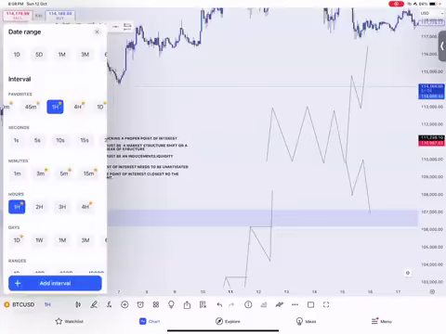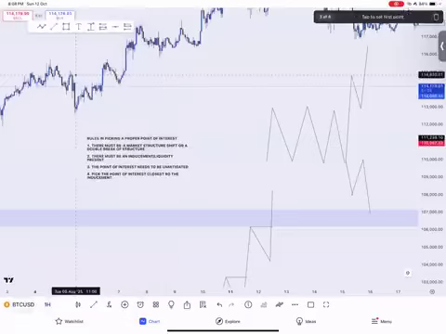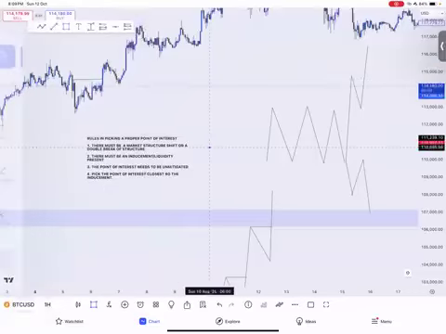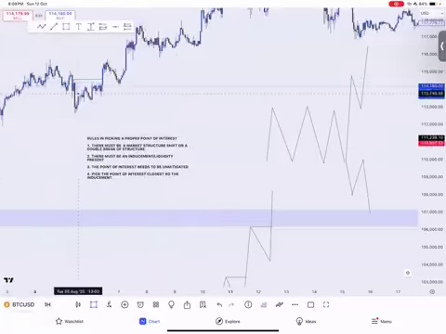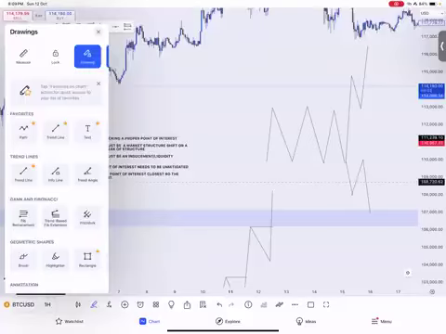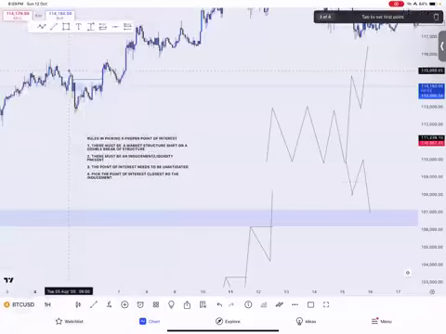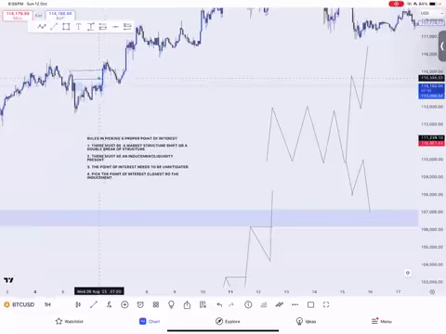For example, the moment this high right here was taken out, the body of this high, this candle right here, becomes a breaker block. The moment this high here was taken out, the body of this high becomes a breaker block.